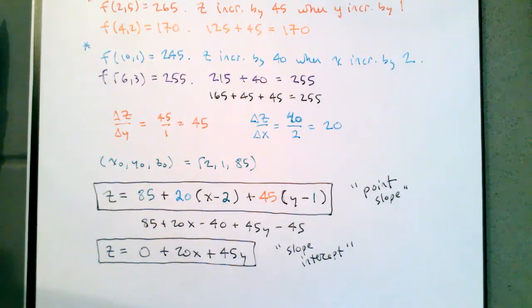So there's another form that we also see running around called the standard form. That's when we have ax plus by equals some constant c. For linear equations in 3 variables, we'll just have ax plus by plus cz equals some constant. So in this case, we could write a standard form.